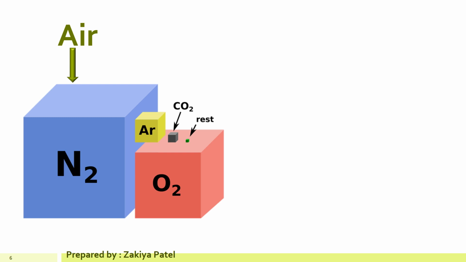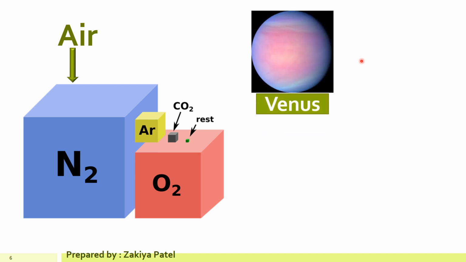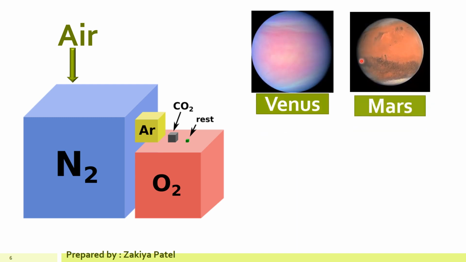In planets like Venus and Mars, what are Venus and Mars, dear students? Do you know? Venus and Mars are the nearest planets to the Sun. Now, you might have heard about the Mars mission and that there could be life on Mars and all that.